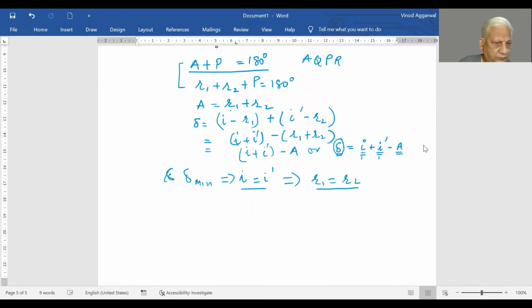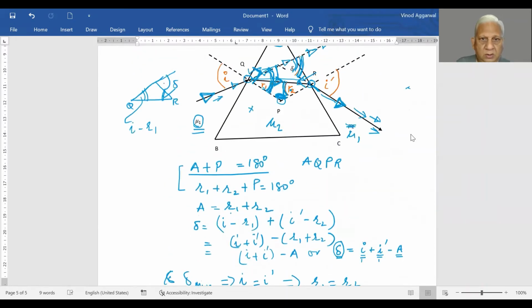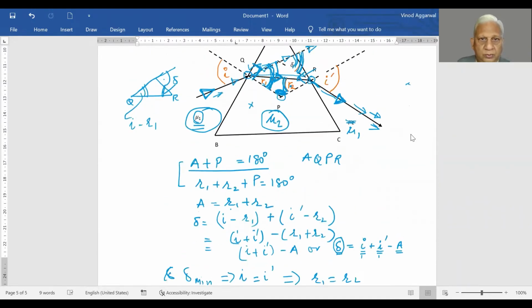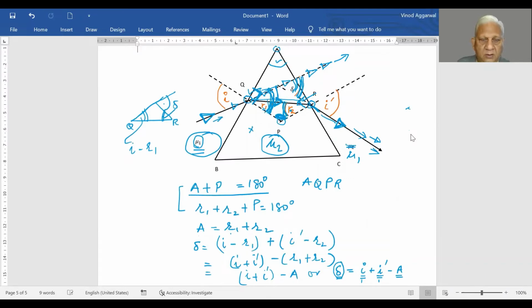Now, if we write mu2 over mu1, this is mu2, this is mu1, then this is equal to sine of incidence angle in mu1 divided by sine of refracted angle in mu2, this one, R1.